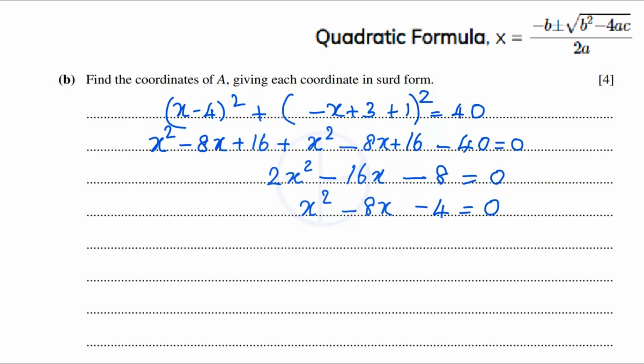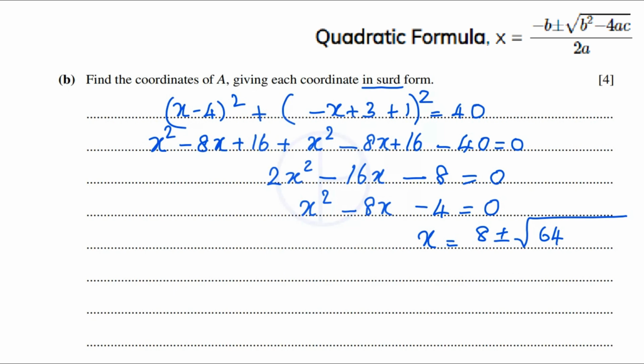Let's solve this equation by using the quadratic formula. It's given we need the answer in surd form. So x equal to 8 plus or minus the square root of 8 square, which is 64, minus 4 into A into C. A is 1 and C is negative 4.